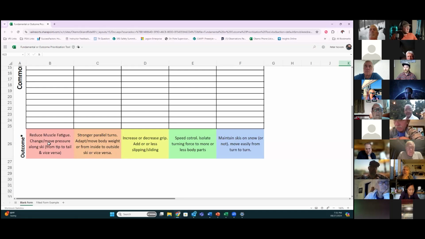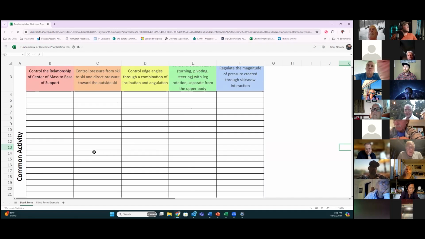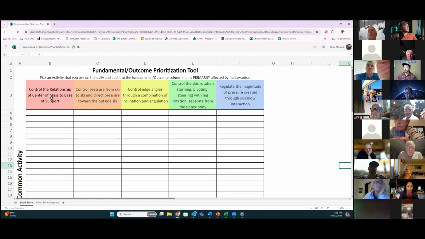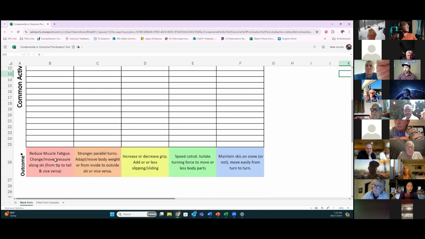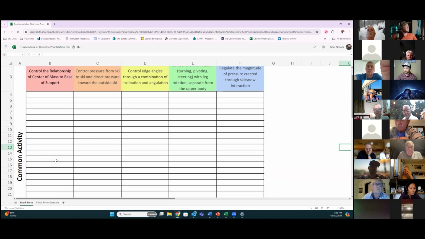These are pretty universal. So something like controlling the relationship of the center of mass to base of support, reduce muscle fatigue, and move pressure along the ski. So the goal here is to take an activity that you use every day and try and find a primary, put it in a column.